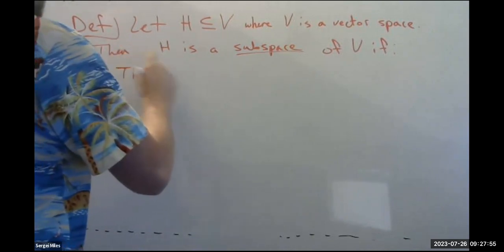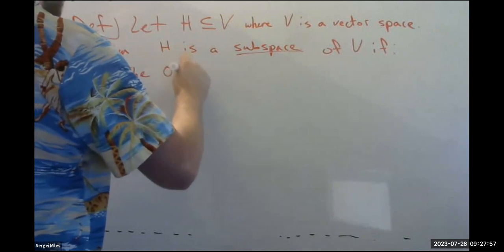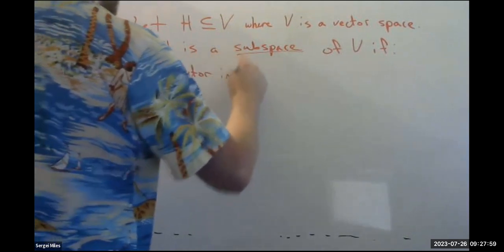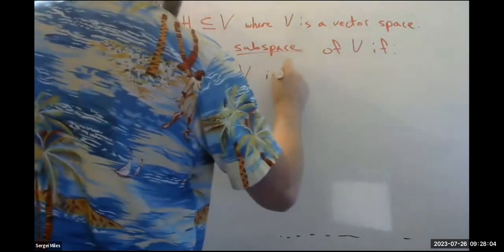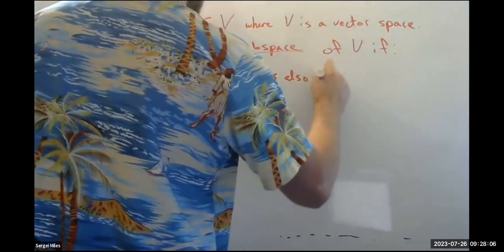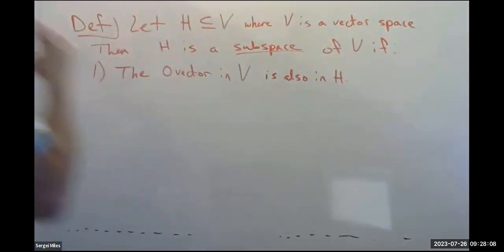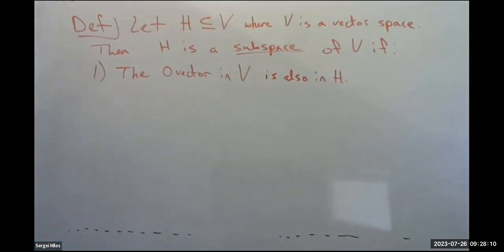So the zero vector in V, whatever that zero vector is, is also in H. So H also has to have the zero vector.